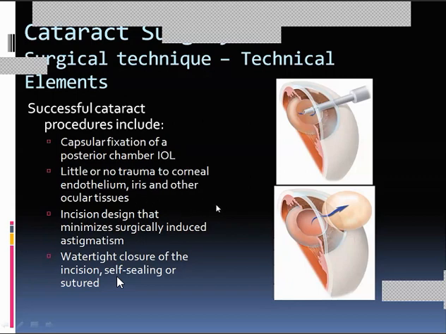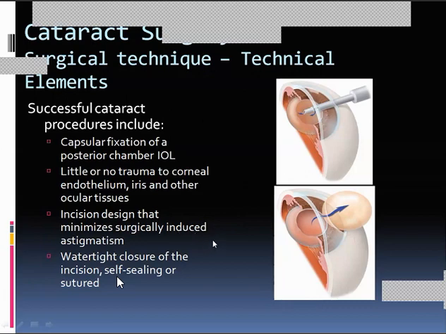And then the incision design should be perfect, so that surgically induced astigmatism is minimal. The incision in SICS should be less than 6 millimeters to avoid astigmatism. And what is the problem associated with astigmatism?